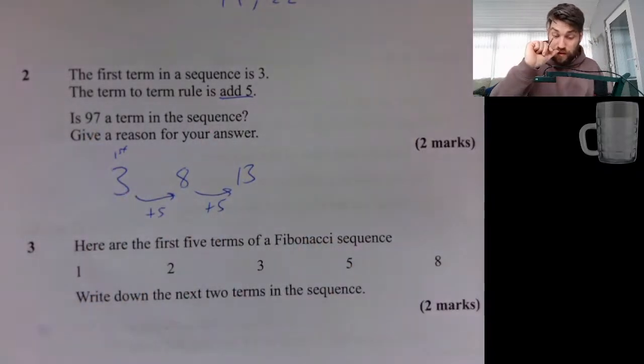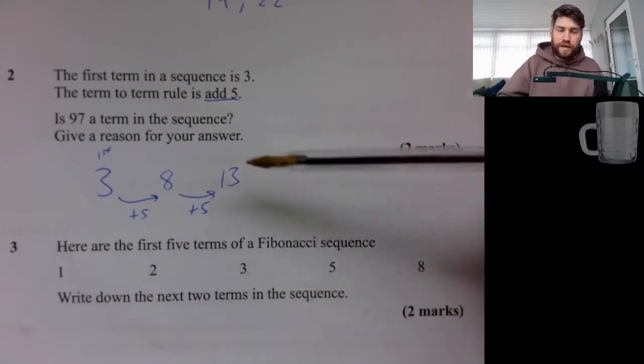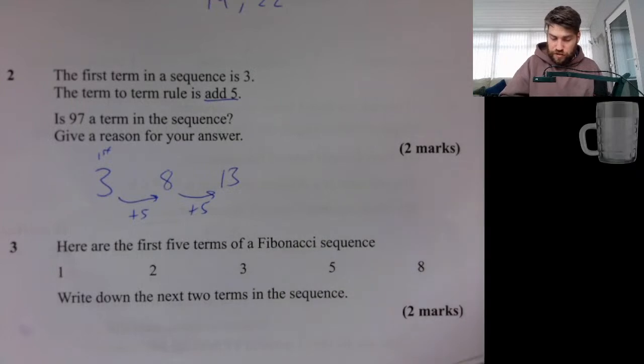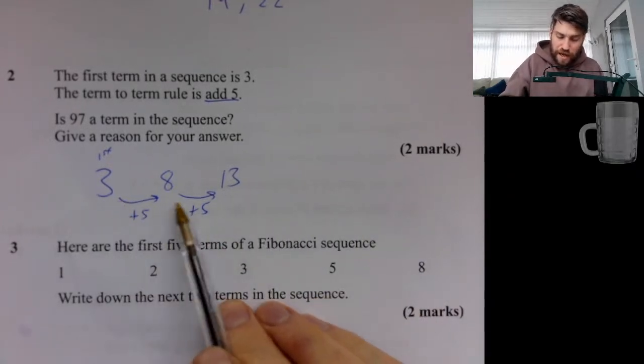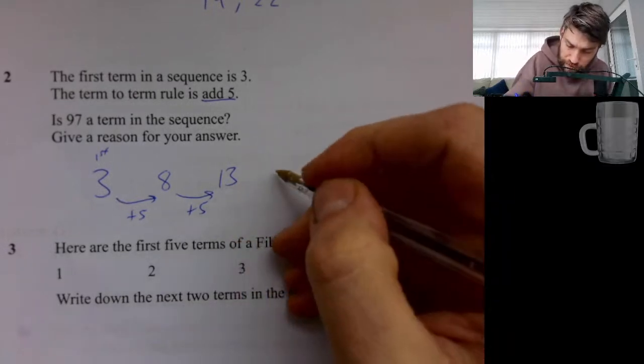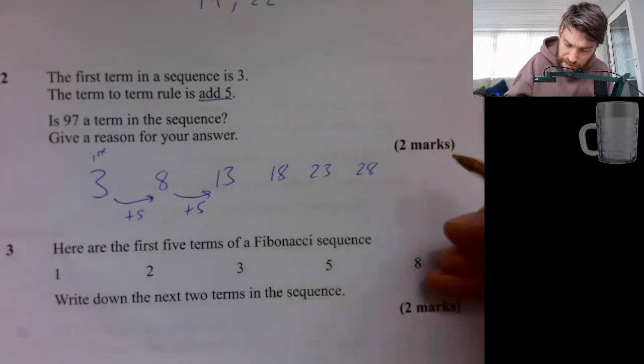Is 97 a term in this sequence? Okay, give a reason for your answer. There's a couple of ways you can do this. I'll show you the more algebraic way in a second, because you'll see that on more of the other questions. However, you might see a pattern. So if you just keep going up in your 5s, so 13 plus 5 will be 18, then 23, and then 28.